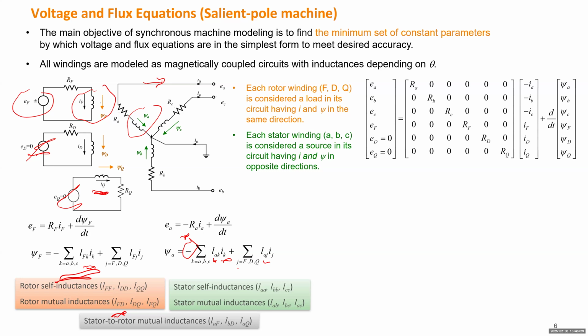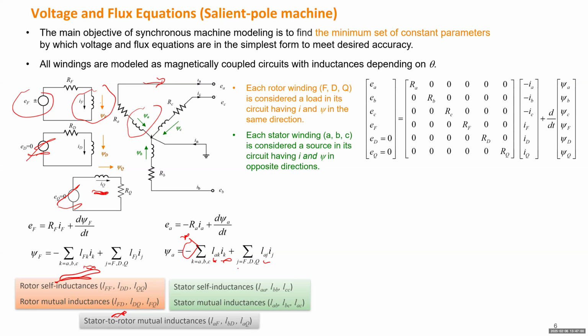So now we can put all the equations into this matrix representation. On the left-hand side of the equation, we have a column of all the instantaneous voltages: EA, EB, EC, and then EF, ED, EQ. ED and EQ are 0 because there's no internal source. Only EF is equal to the DC voltage of the field winding circuit. On the right-hand side, we have two items.